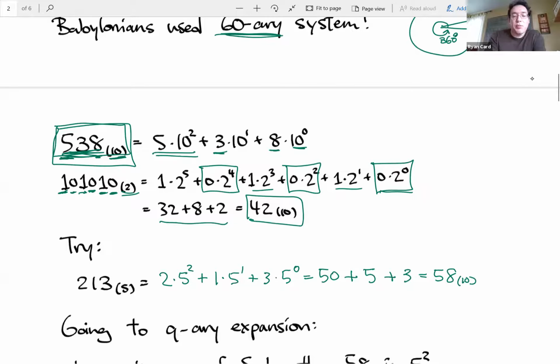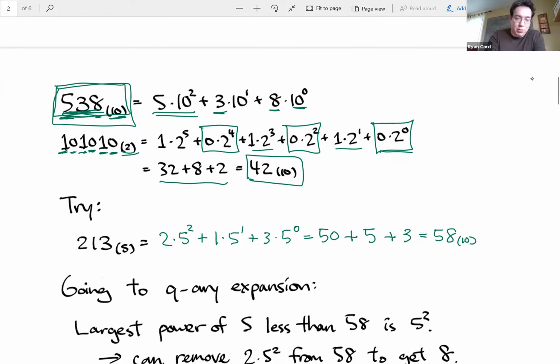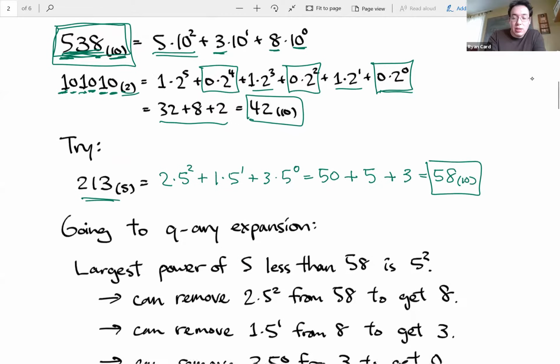So, okay, that's how you go from different q-ary systems to base 10. But how do we go backwards? So if I had 58, and I wanted to represent it in base 5 system, how do you do that? So what you do is basically division. So here's what we do.